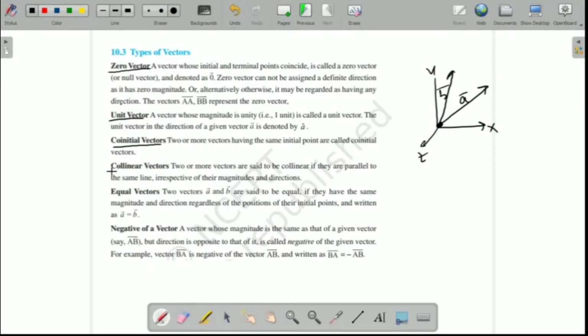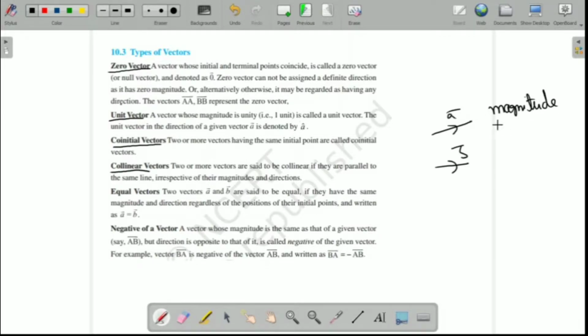Next, collinear vectors. Two or more vectors are said to be collinear if they are parallel to the same line, irrespective of their magnitude and direction. Equal vectors: two vectors a and b are said to be equal if they have the same magnitude and direction. Magnitude means value.